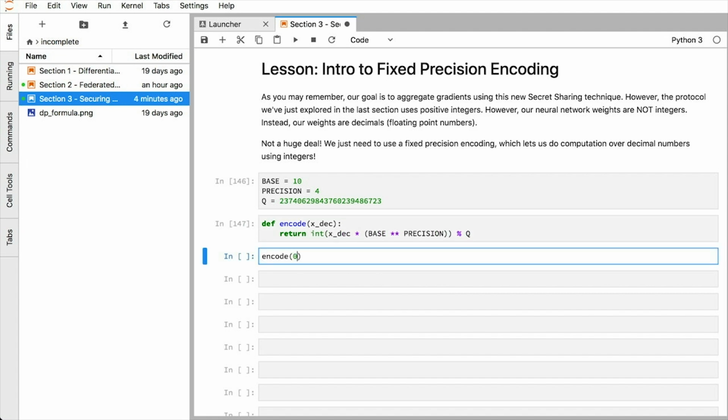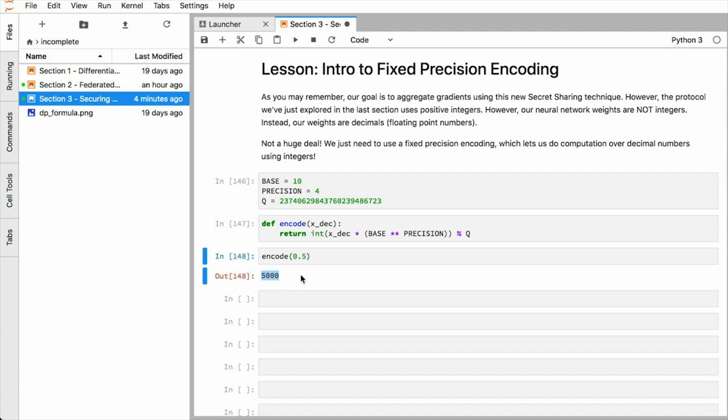So if we want to encode the number 0.5, we can now encode it as the number 5,000, right? So 5,000 actually means 0.5. And we'll see that there are other ways we do arithmetic that allow us to do decimal point operations while everything is being stored in this integer state.